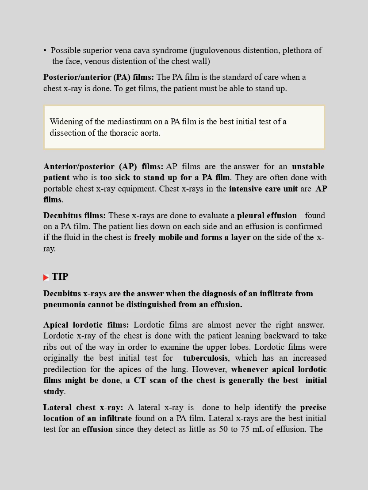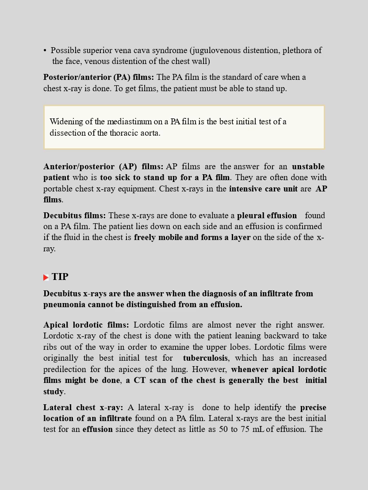Lordotic films were originally the best initial test for TB, which has an increased predilection for the apices of the lungs. However, whenever apical or aortic films may be done, CT scan of the chest is generally the best initial test.